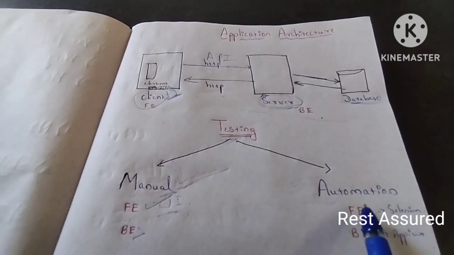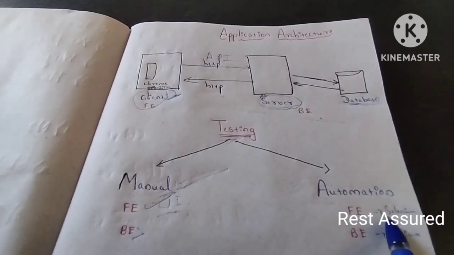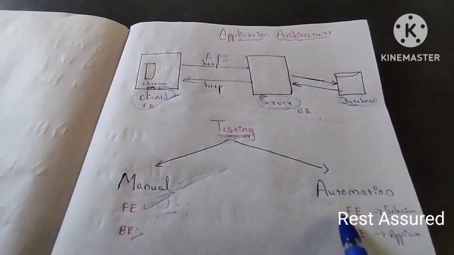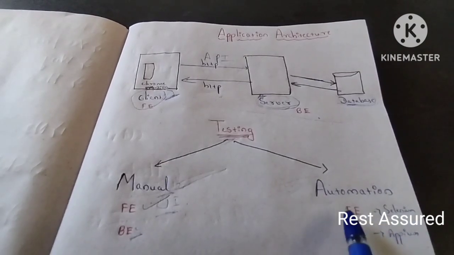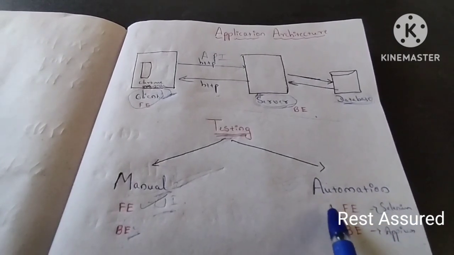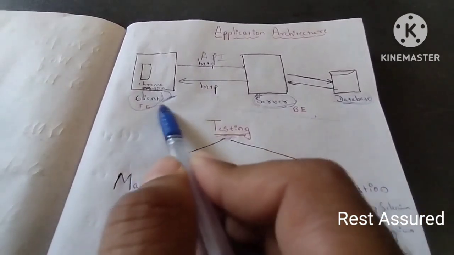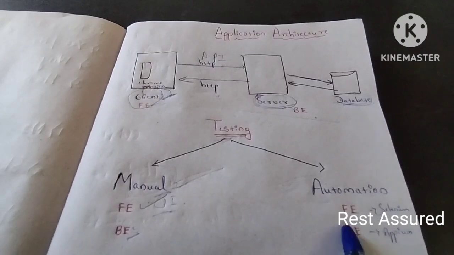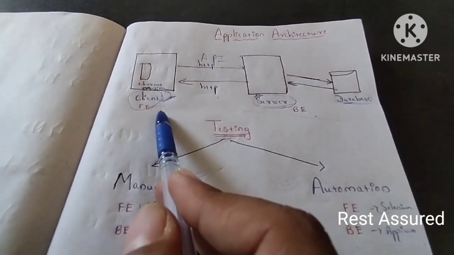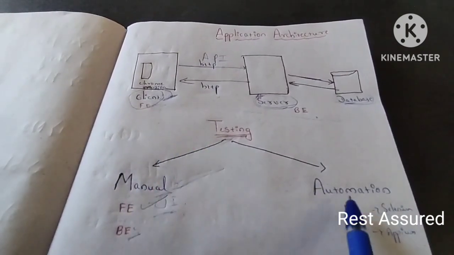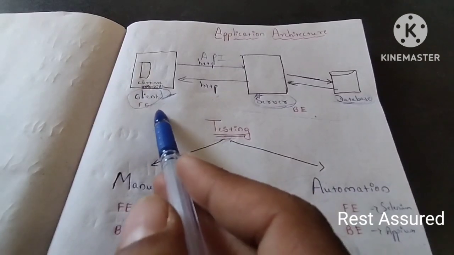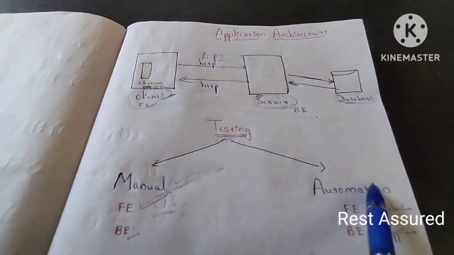But in automation testing, we use Java, Selenium, and many other tools in the market. By that tool we verify whether our front end UI part is properly working or not. Selenium we use for the front end part.